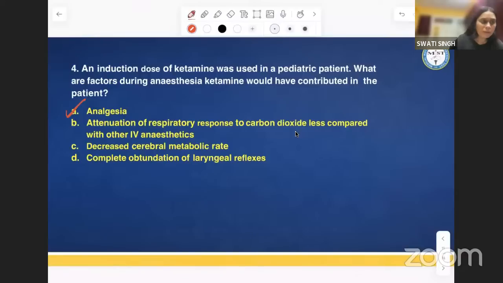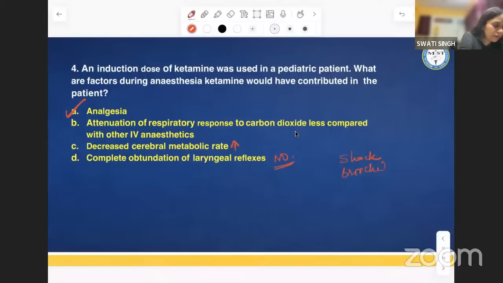Decreases the cerebral metabolic rate? It increases cerebral metabolic rate, right? Complete obtundation of laryngeal reflexes? No, this is an incorrect statement. So the answer is analgesia. Yes, Wasim, we can use ketamine for 3 important things. Number 1, shock, it is the agent of choice.